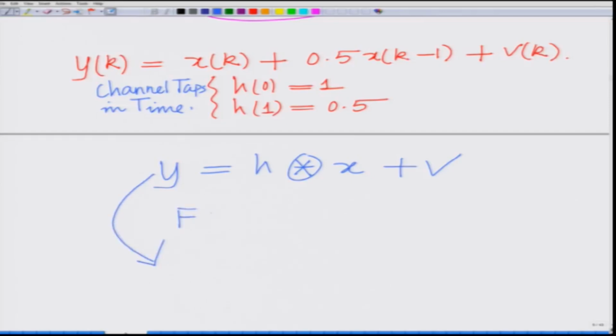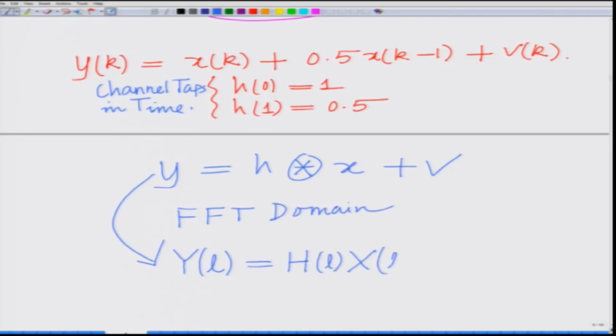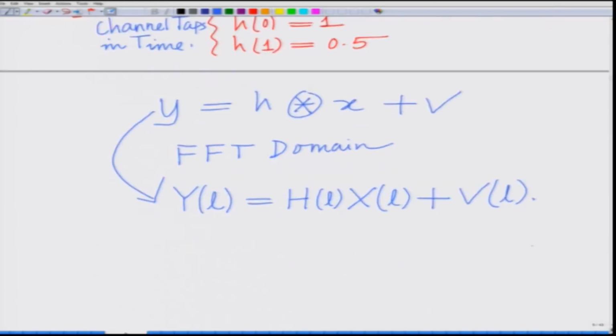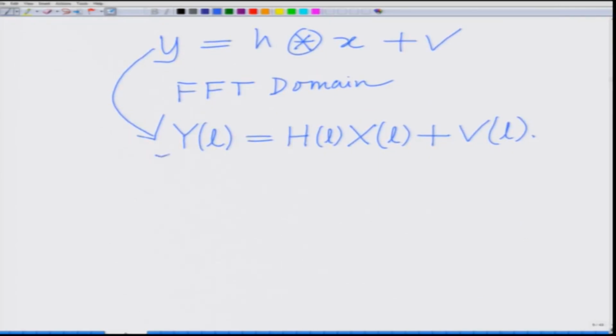You take the FFT, and in the FFT domain you have capital Y l equals capital H l times capital X l plus capital V l, where the Y l's are the N-point FFT of the output samples.